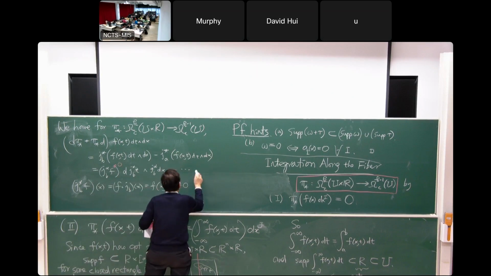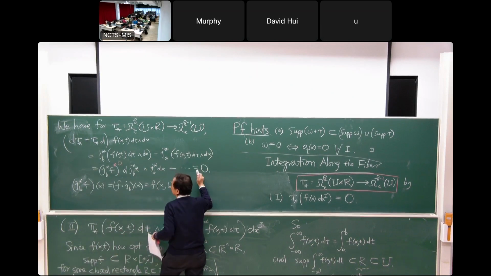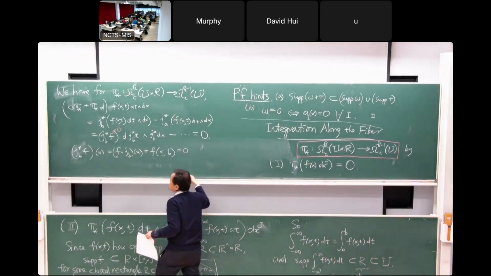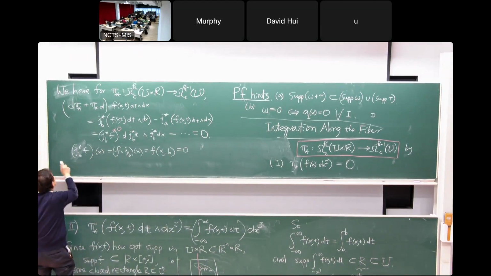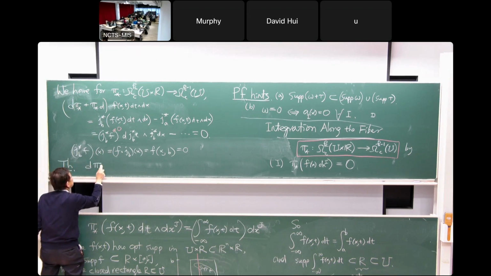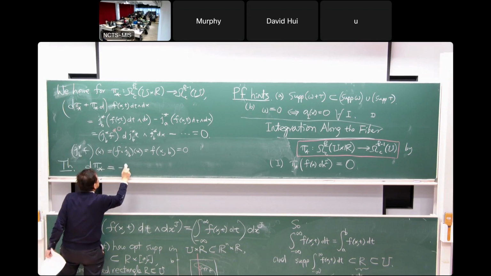So it's this. And so we actually have a theorem for this new integration along the fiber. We have d pi star is equal to minus pi star d.